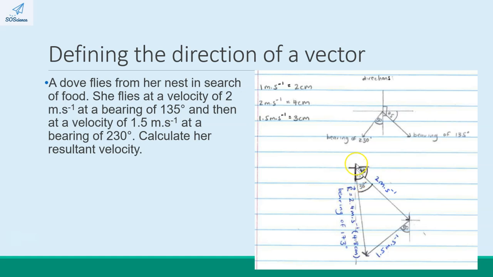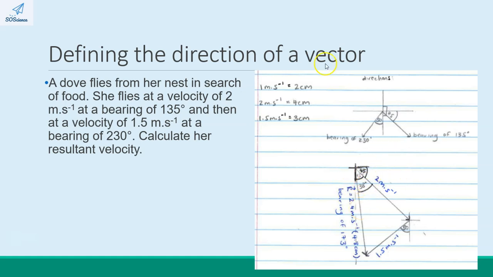It's the easiest method. Now I need to have a little Cartesian plane at the tail of my resultant. And here's my little Cartesian plane. Now this looks very confusing, but over here is my north. And from north, I need to go in a clockwise direction until I hit my vector.